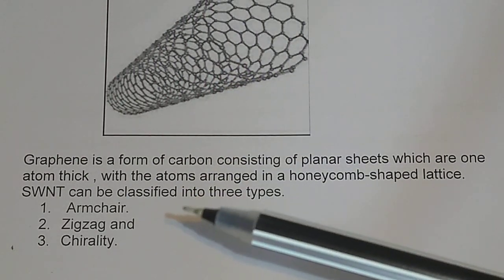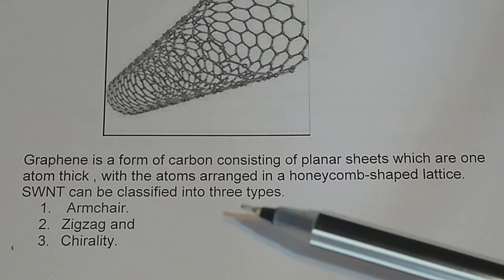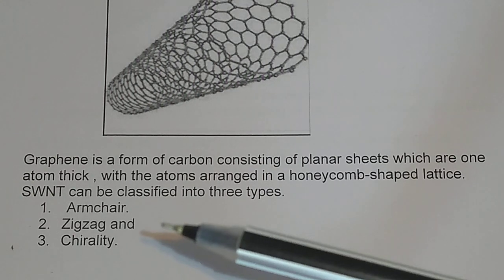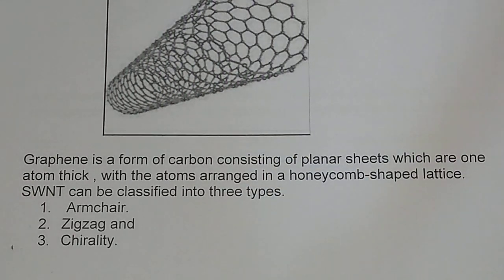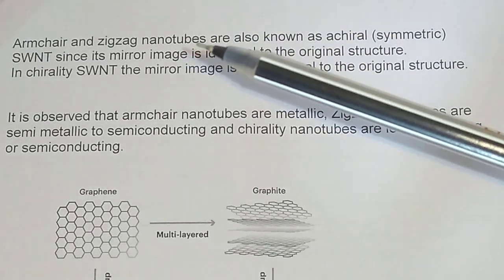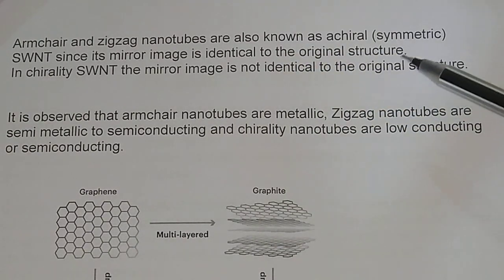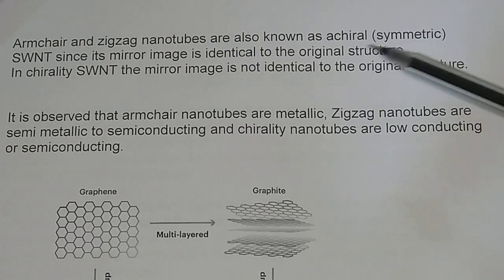Single wall carbon nanotubes are classified into three categories. One is armchair, the second one is zigzag, and the third is chiral. Armchair and zigzag nanotubes are also known as achiral. Achiral means symmetrical.